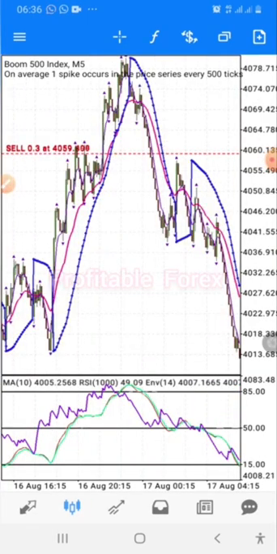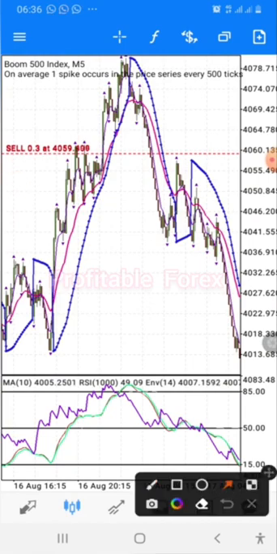Okay, so on the main chart you have your moving averages, and your moving averages help you to indicate the direction of the price. Just two moving averages, you can use one if you want. Those are the functions of the moving average.